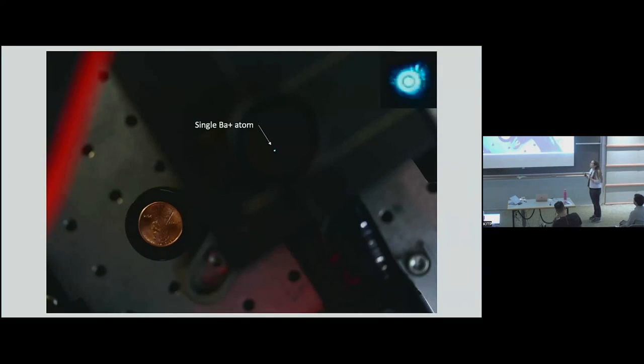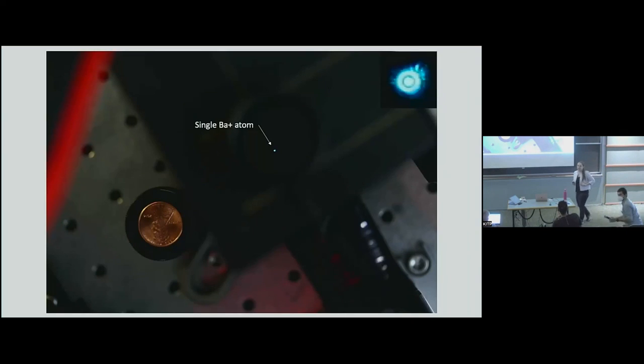The point I want to make is that these ions we trap are amazing quantum systems that we can control very well, see very clearly, and manipulate with lasers that you can buy off the shelf. This is going to be our quantum system that we use to do computation and simulation.